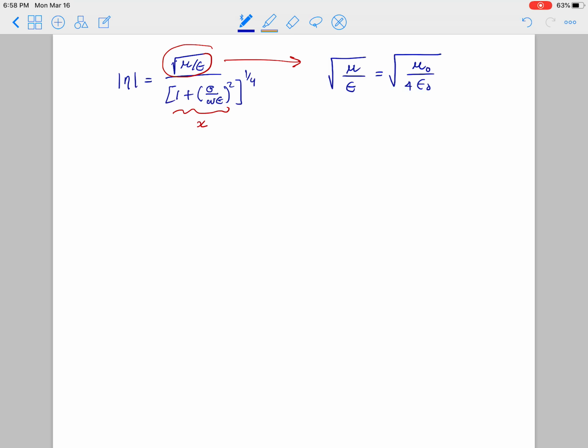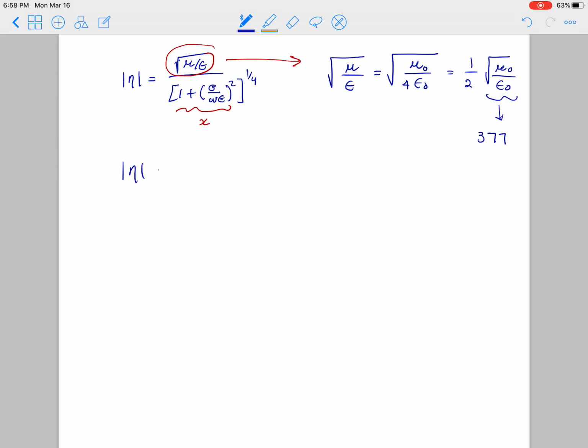So if I expand it, it's going to be 1/2 times square root of mu naught divided by epsilon naught, and this term is the intrinsic impedance of the free space, so it's 377 ohms.